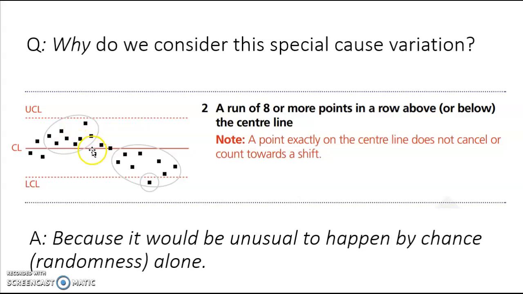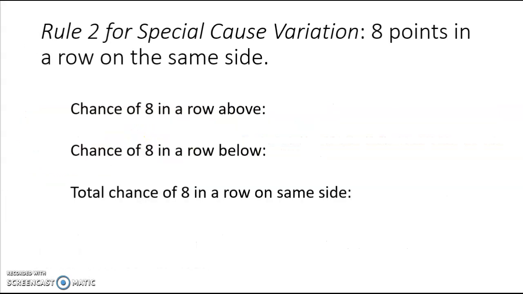If a distribution would tell us that a point above the line is just as likely as a point below this line, it's kind of like flipping coins. What's the chance that if you're flipping a coin, you'd get 8 heads in a row or 8 tails in a row? That's not very likely. It's possible, but not very likely, and so it's going to trigger a red flag that we should go in and investigate. So what's the actual chance?